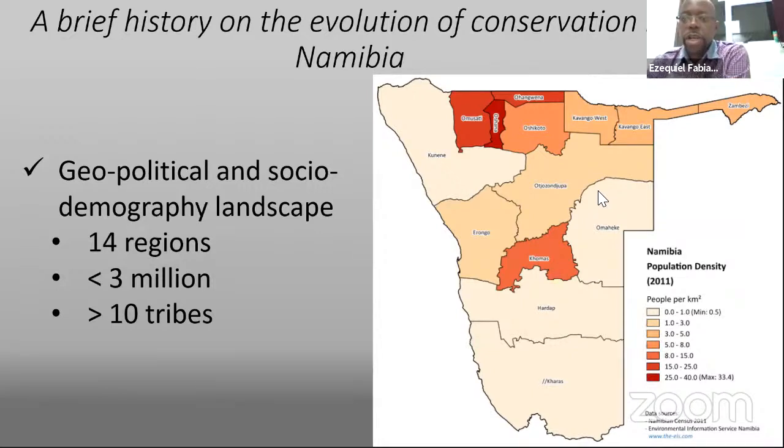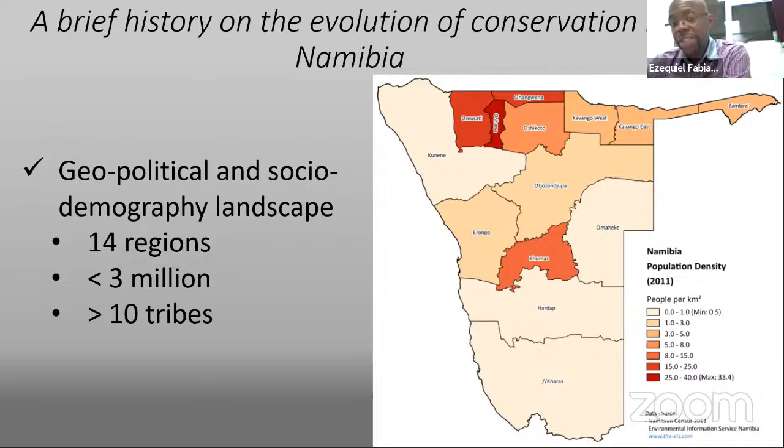the distribution of the population is disproportional. You have a high density in the northern part of the country, and more to the central part of the country, and this has to do with the political history of the country, where prior to independence, the population was divided, and this created clusters, and some of these clusters led to higher population growth.